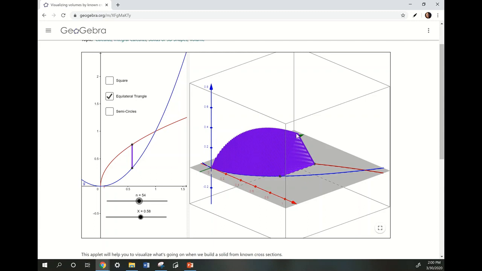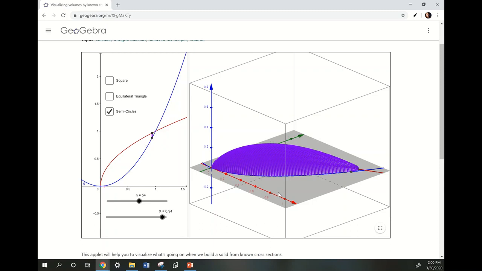So again, as you're at the edges here where the space in between is really small, that means that triangle is also going to be proportionally smaller. Whereas in the middle here where the base is larger, the equilateral triangles are larger as well. And then lastly, what would it look like if everything was a semicircle? So all of these slices are half circles.